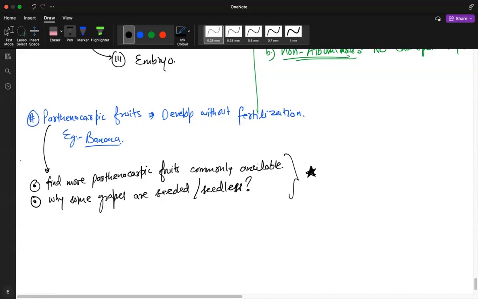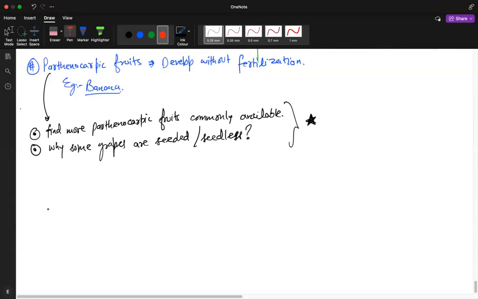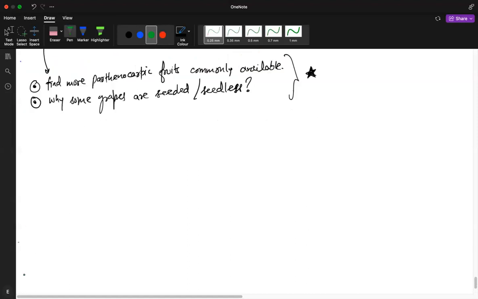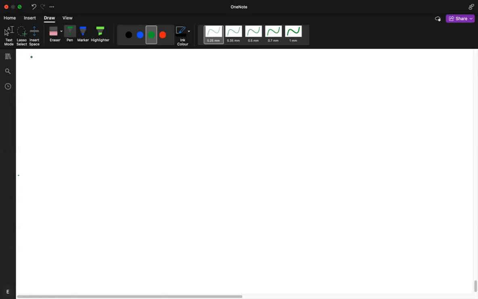Now there are two more concepts in this chapter that you should understand. Remember, I told you biology is always the science of exceptions. Whatever we have studied till now is about the standard concept of pollination, sexual reproduction, making an embryo, a seed and a fruit.